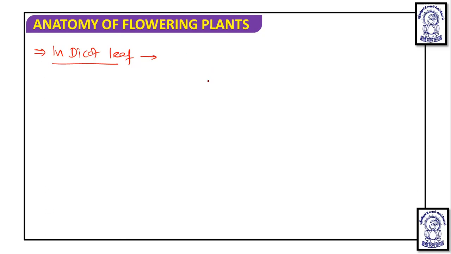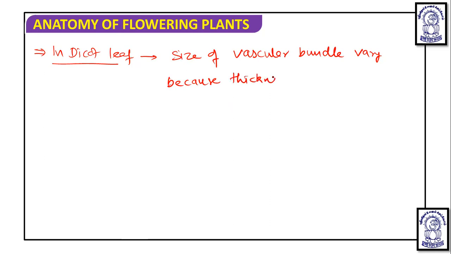In the dicot leaf, the size of the vascular bundle varies from one vascular bundle to another because the thickness of veins is different in a reticulate venation. Why?